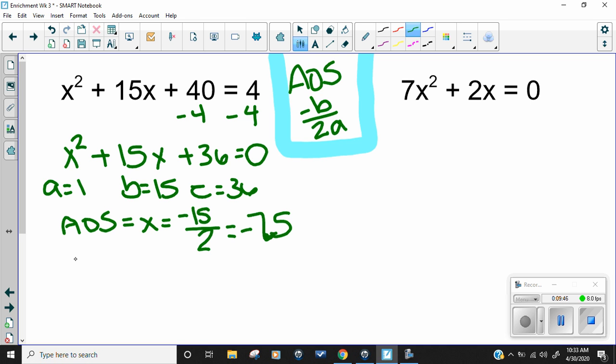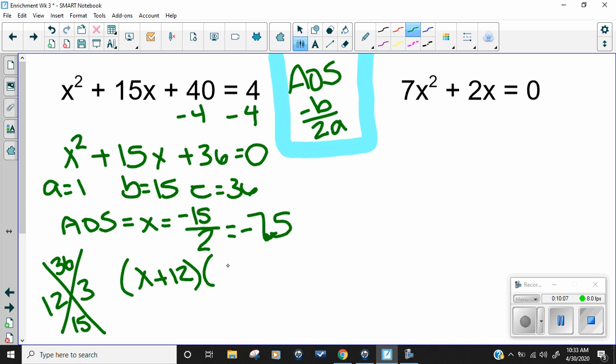And the second part is to factor. Now, since a is 1, I could go straight from x factor to the factors and then solve. So what two numbers multiply to 36 and add to 15? 12 times 3. Since a is 1, and only because a is 1, I could do x plus 12, x plus 3 equals 0.